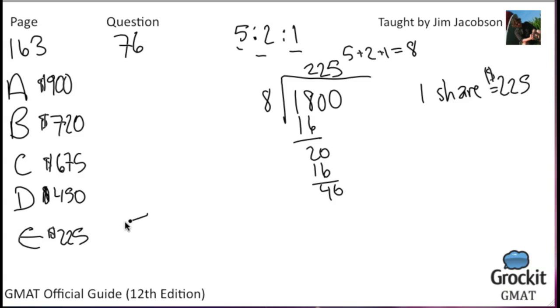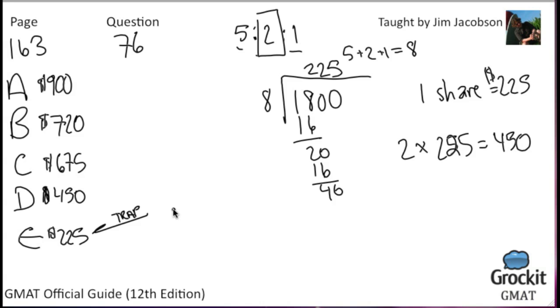Trap answer, of course, is this. That's 1 share, which is the amount for miscellaneous expenses. But we actually need to know the amount for food, which is this middle one. 2 times that share of 225 equals 450, which is choice D. Do note the trap answer 675.